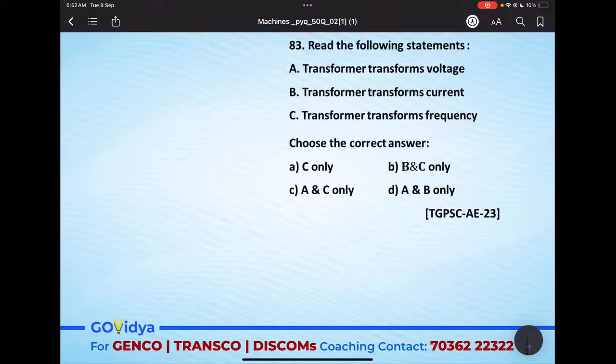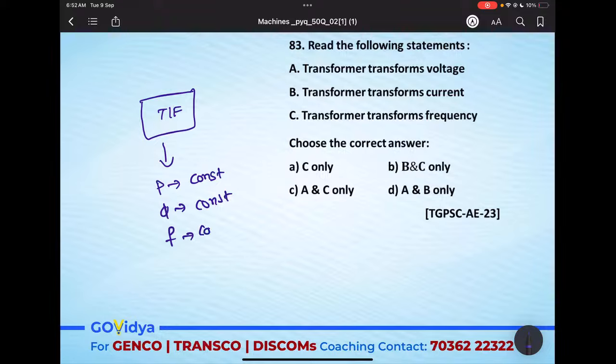If you see the different properties of a transformer, power will be constant, flux inside the transformer will be constant, and frequency will be constant. These three parameters will be constant at any cost, at any load.